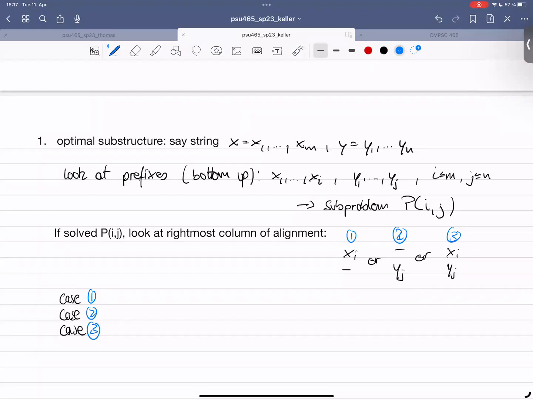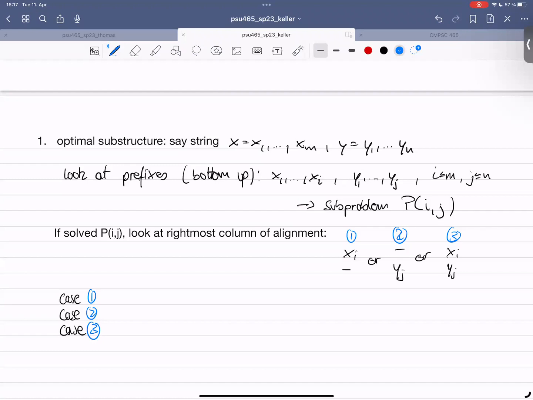This contributes a cost of 1 plus everything before it. And what is to the left in x in this case? So prefixes from 1 to i minus 1, exactly, because i is already there.